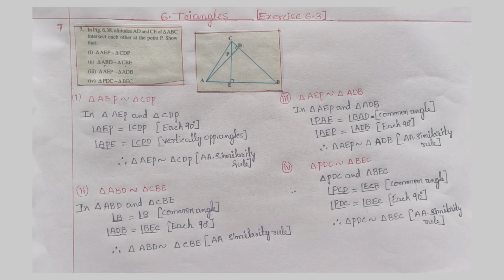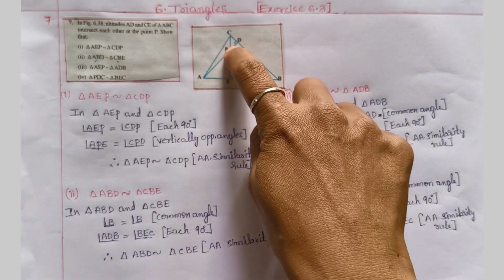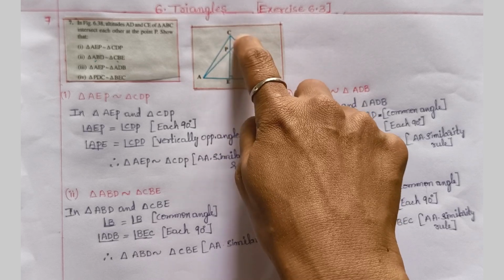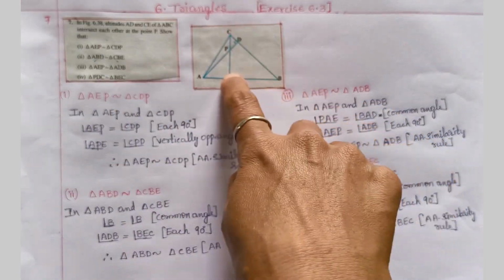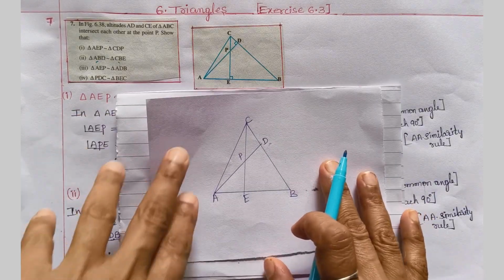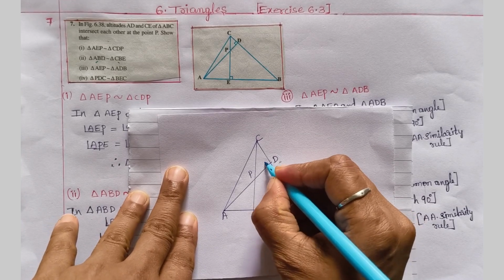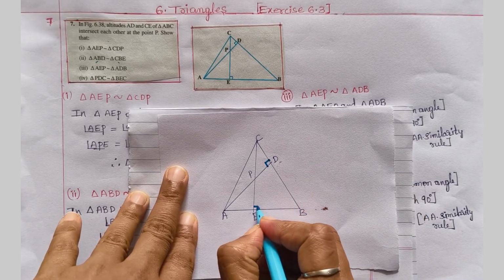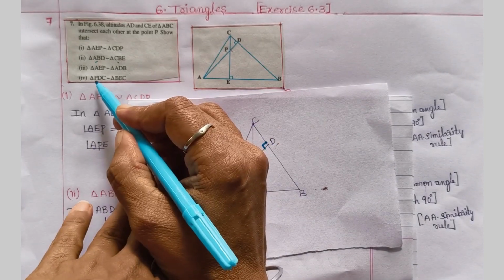Okay. Now, the fourth question. PDC, this small triangle, and BEC, this triangle, both we have to prove similar. See here, beta, 90 degrees here, 90 degrees here, and here also 90 degrees, as given in the question. Which one will we prove similar?